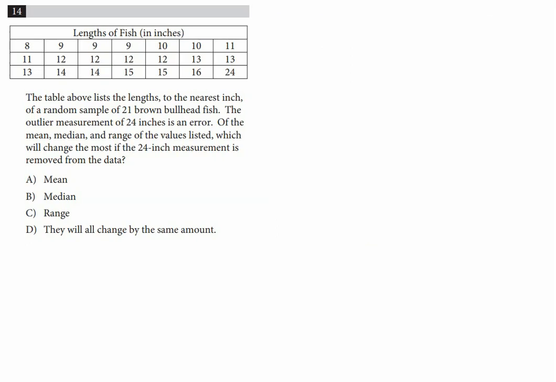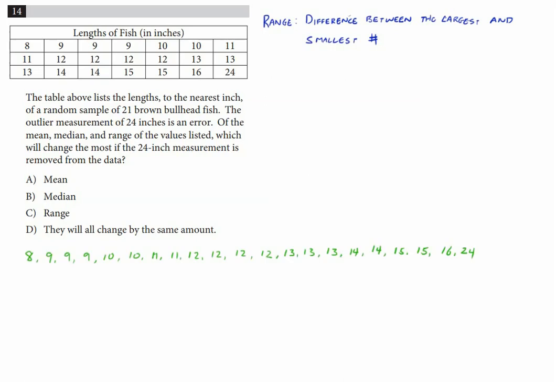And finally, range. Let's figure out how much the range changes. So the range is the difference between the largest and smallest number. So going back to this list of data points that we set up earlier, we see that the range with the 24-inch measurement is going to be 24 minus 8, which equals 16.